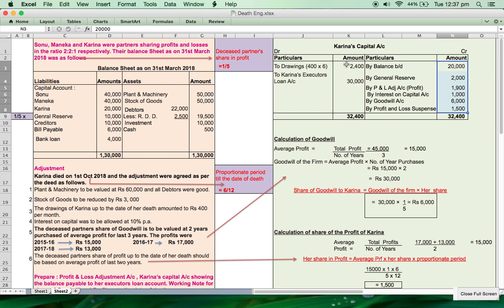From this we are going to reduce 2,400, which is the drawings, and the balance that we are going to get is rupees 30,000, which will be transferred to Karina's executor's loan account. So this is how we solve a problem based on death of a partner, where you need to calculate the goodwill as well as share of profit that would be transferred to partner's capital.